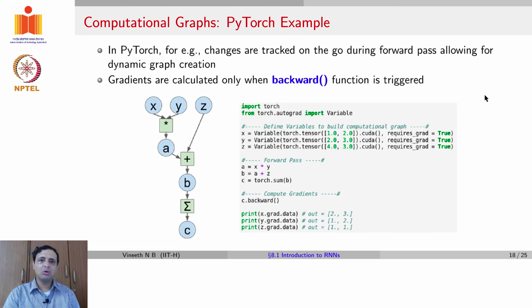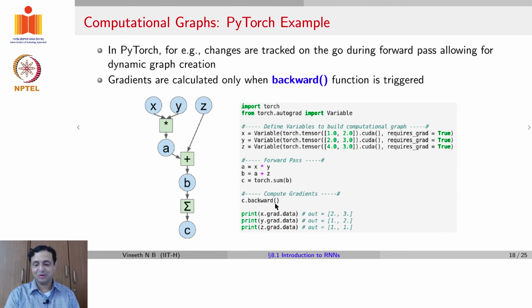So to give you a more concrete example in a framework that you may be using, which is PyTorch. In PyTorch, changes are tracked on the go during the forward pass, allowing for the creation of such a computational graph, which is called a dynamic graph. And when you actually train a neural network in PyTorch, you say loss.backward.